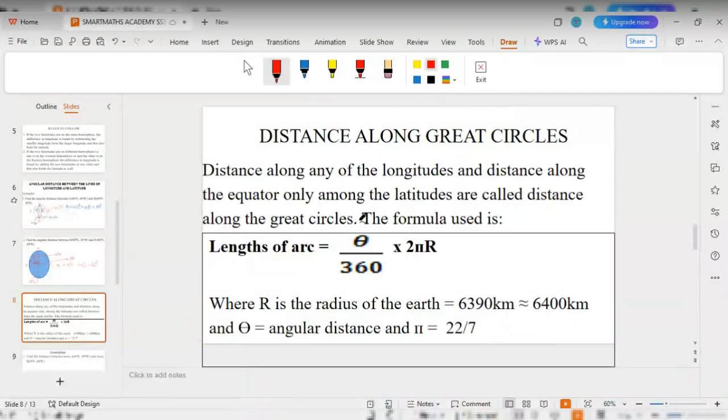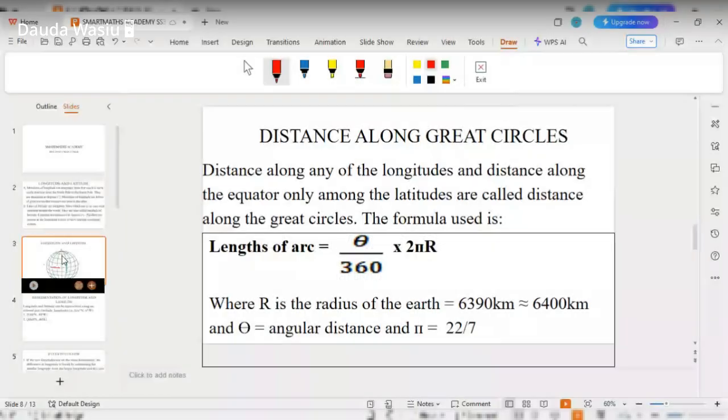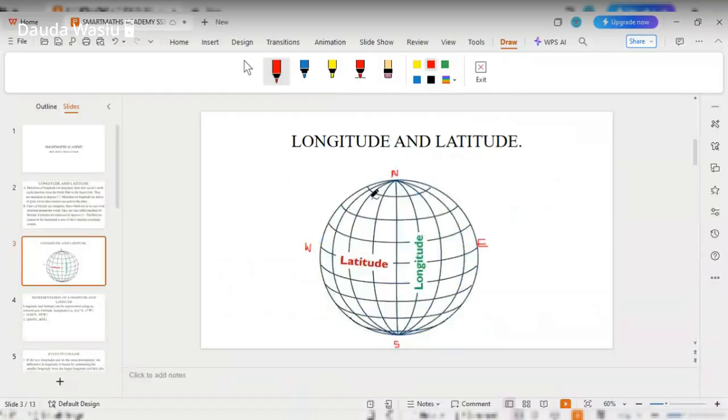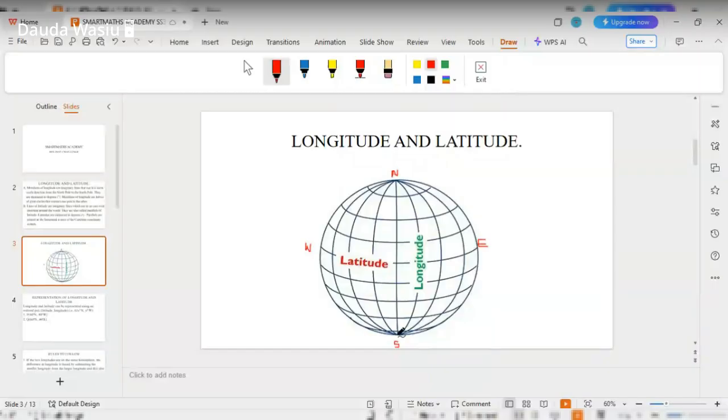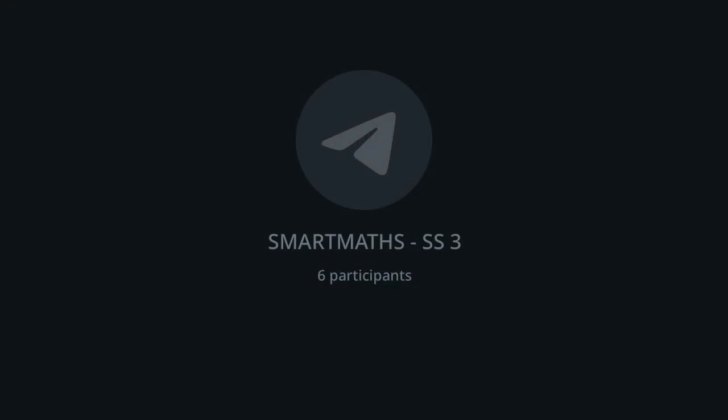Let me go back to slide 3. Slide 3 says distance along the line of longitude. You can see every longitude always goes from the north up to the south. So that is distance along the great circle.